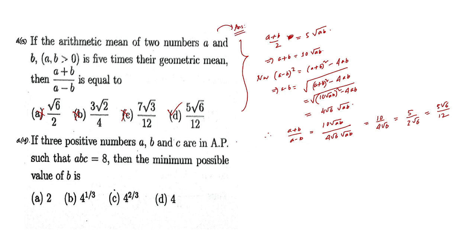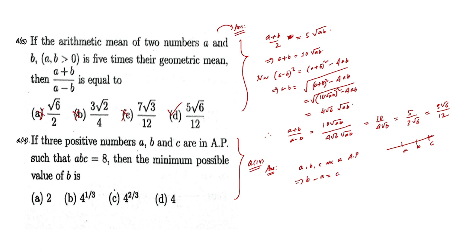Now we move to the next important question, question number 14. Here it is given A, B, C are in AP, arithmetic progression. What exactly does that mean? The differences between consecutive terms are the same.